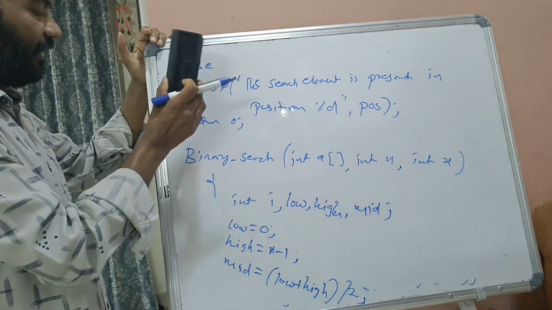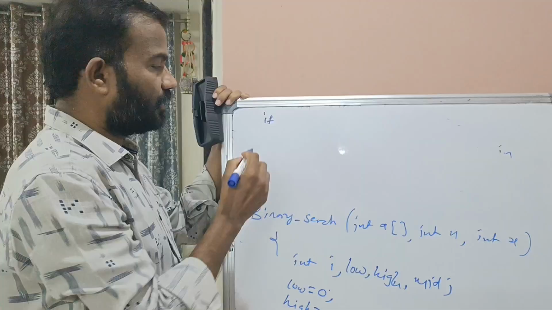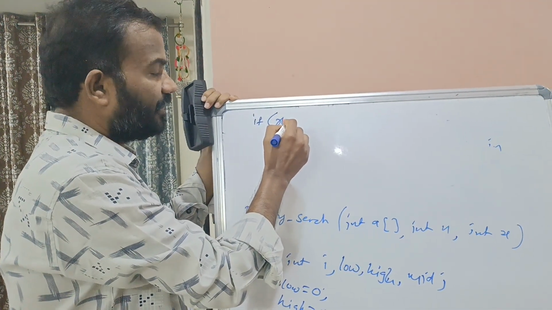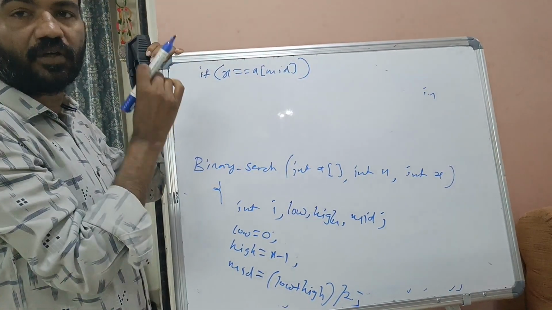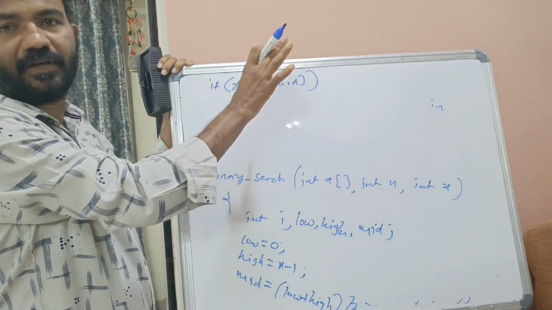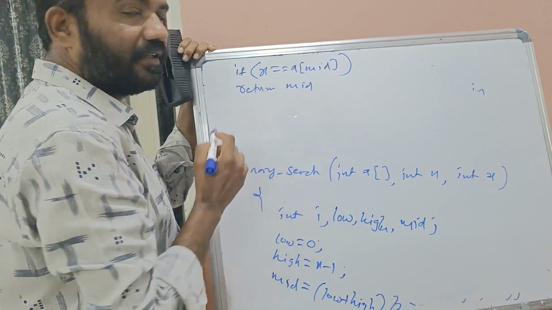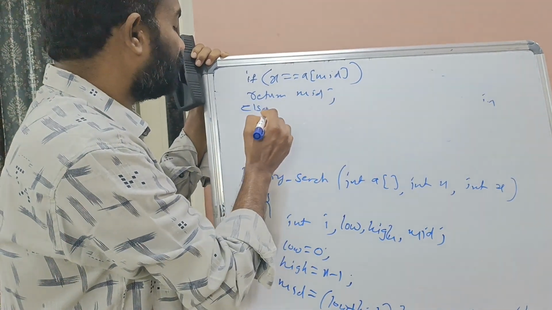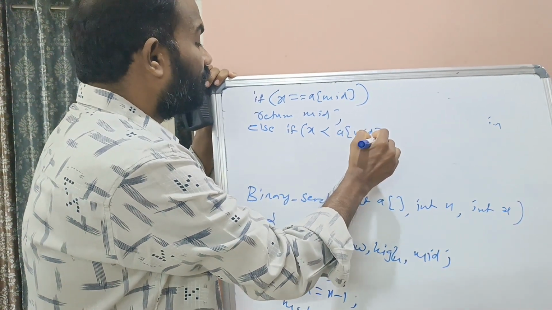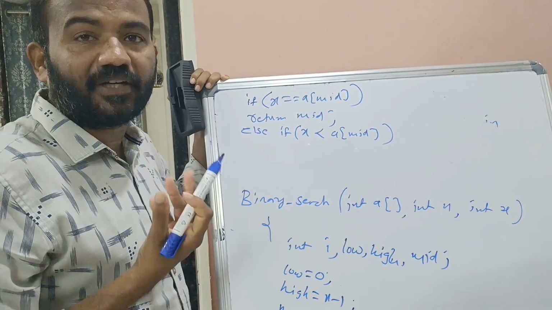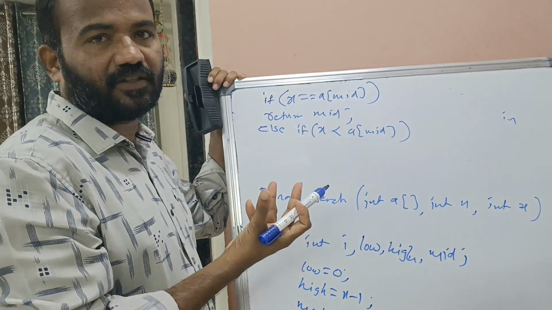Now we have to do the comparison. If x is equal to a of mid, that means the x element is matching with the middle element, then return mid. Else, suppose this is not equal, else if x is less than a of mid, then we need to compare only the left sub array.